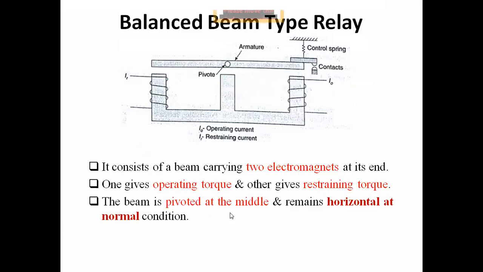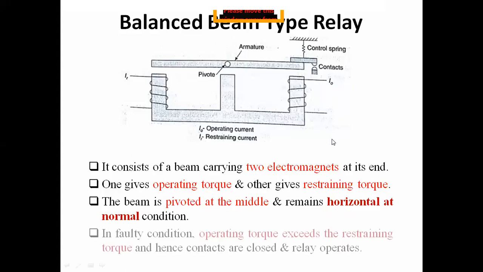Initially, at normal rated condition, it is at horizontal position, but when the fault current through the operating coil increases, this balance beam will move downward and the two contacts get closed and the relay will operate. So the operating torque exceeds the restraining torque, and hence the contact gets closed and the relay will operate.